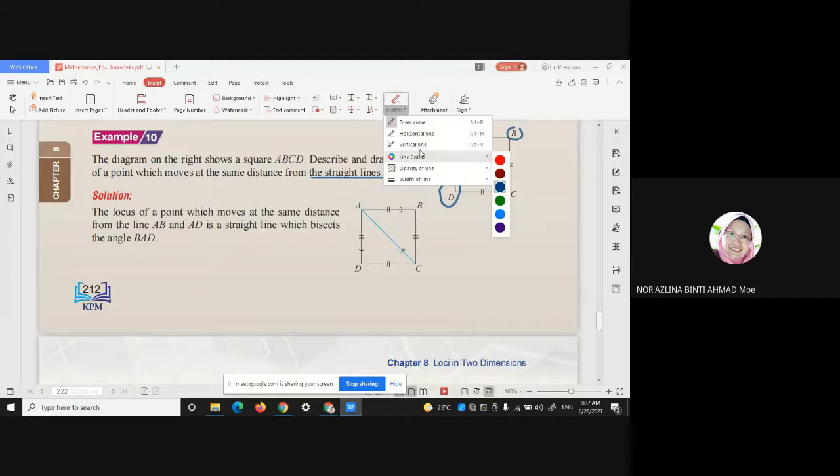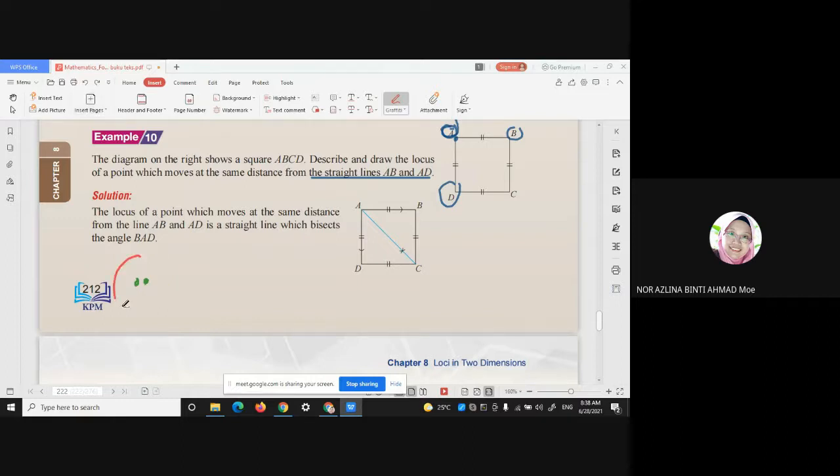Okay, I will write this so it is easy for us to see. Again, the first locus is from a fixed point O, and the shape of the locus is a circle. This is the first one.